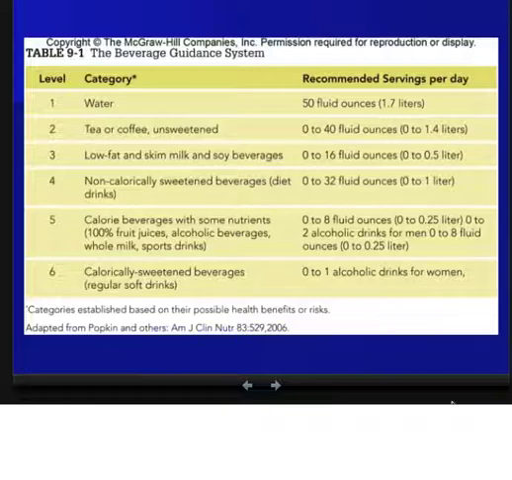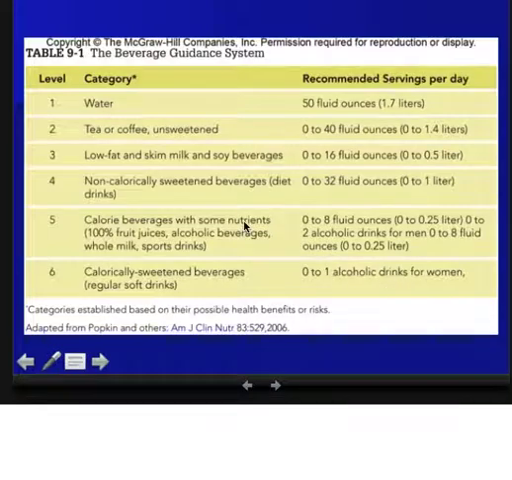So what we're seeing here is that obviously the most efficient way to rehydrate yourself is through the consumption of water, followed closely behind by dilute unsweetened beverages, and then behind them milk and soy beverages, non-calorically sweetened beverages such as diet drinks, and then calorie-laden beverages such as Coca-Cola, Sprite, 7-Up, and so forth. Also sports drinks. And then calorically sweetened beverages that contain alcohol, mixed drinks and such.